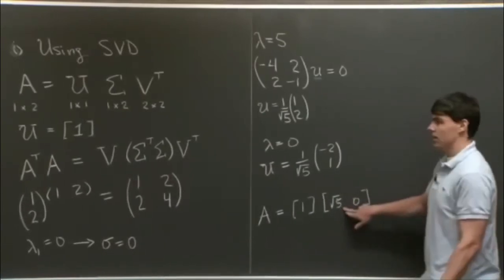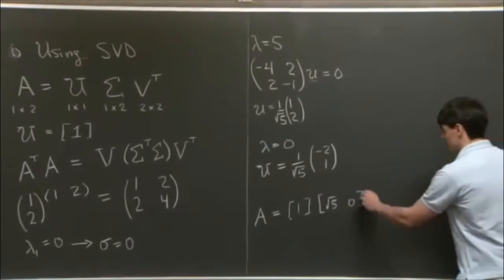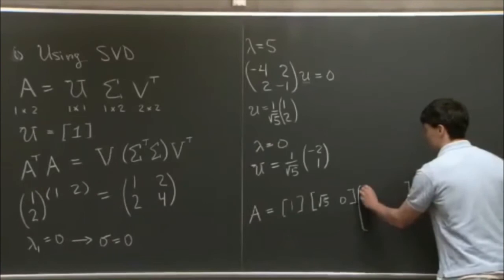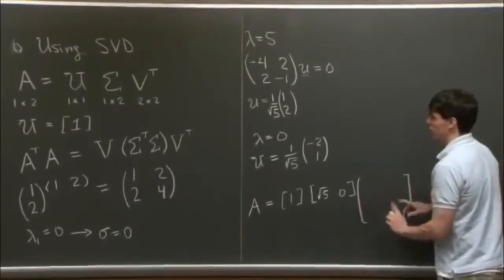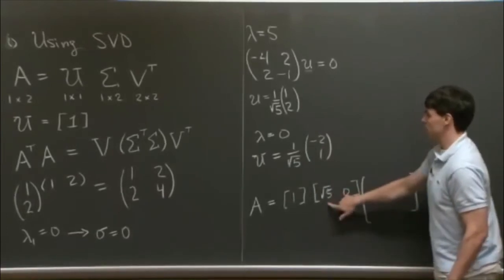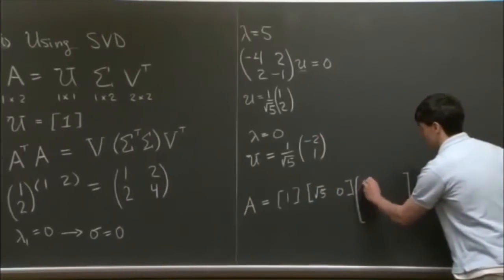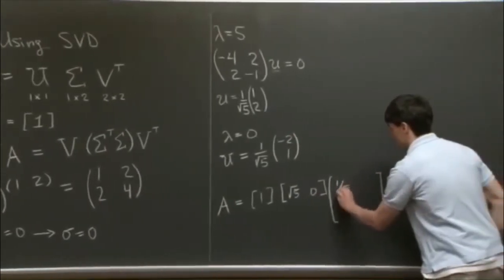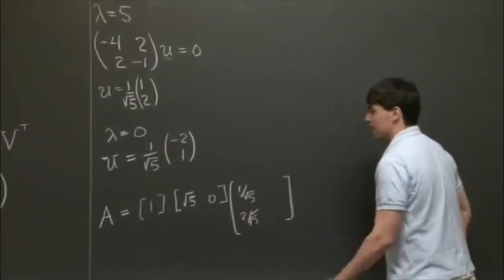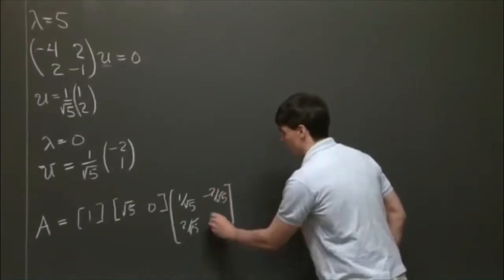Remember that the first sigma is actually the square root of the eigenvalue, times a matrix which looks like, now we have to order the eigenvalues in the correct order. Because 5 appears in the first column, we have to take this vector to be in the first column as well. So this is 1 over root 5, 2 over root 5, negative 2 over root 5, and 1 over root 5.